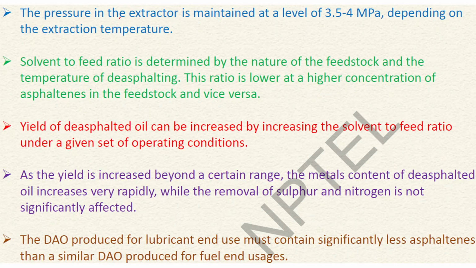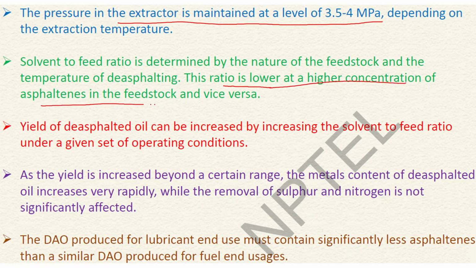So the pressure in the extractor is maintained at a level of 3.5 to 4 megapascal depending on the extraction temperature. Solvent to feed ratio is determined by the nature of the feedstock and the temperature of the deasphalting. This ratio is lower at a higher concentration of asphaltene in the feedstock, and vice versa.